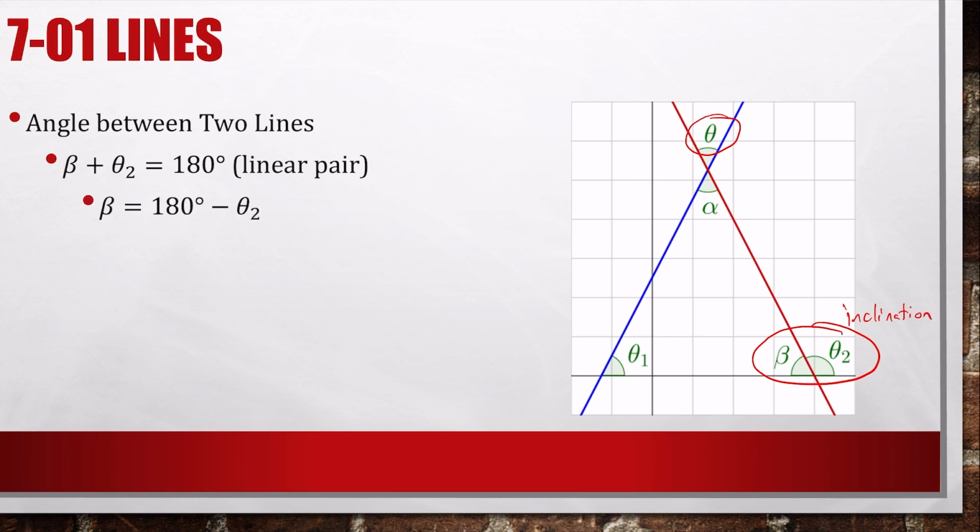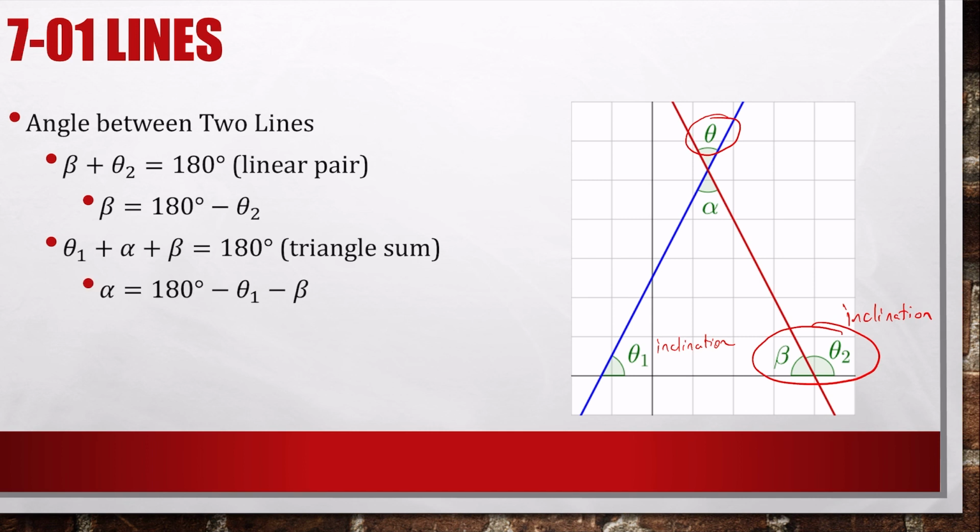Therefore beta is 180 minus theta 2. I have a triangle in the middle, theta 1, which is the inclination of the first line, plus alpha plus beta is 180. So I could solve for alpha being 180 minus theta 1 minus beta.